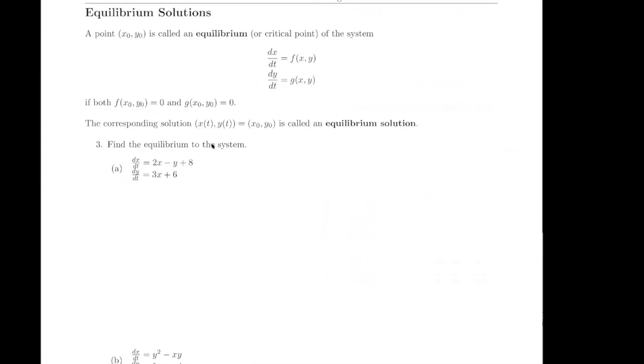Next up would be equilibrium, and we've chatted about this already. So we've pretty much discussed all the material that we're going to be working on today. When we find equilibrium, these are going to be values for x and y where dx/dt and dy/dt are both equal to 0 simultaneously.